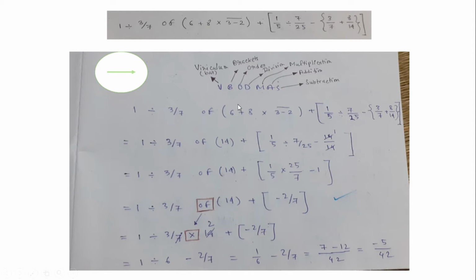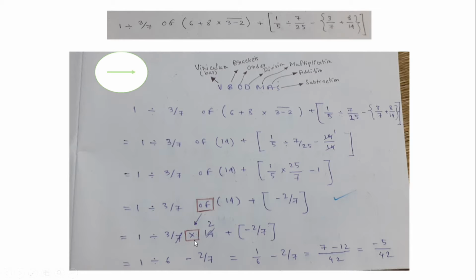So we have to perform this of or multiplication before any other, like multiplication, division, addition, subtraction. We should perform this operation of before the other operations like multiplication, addition, subtraction.